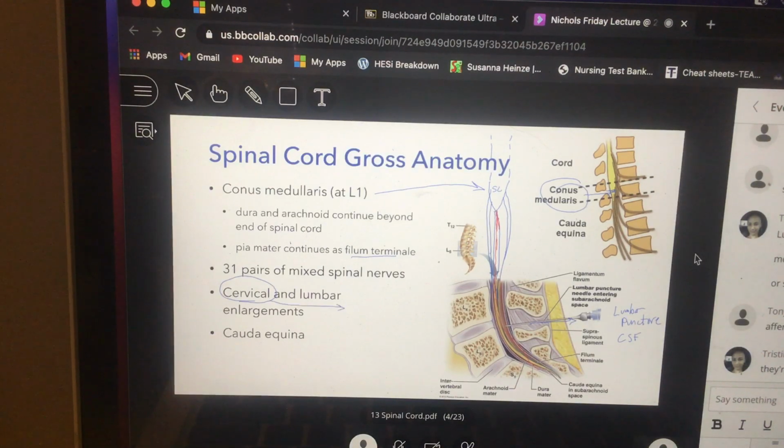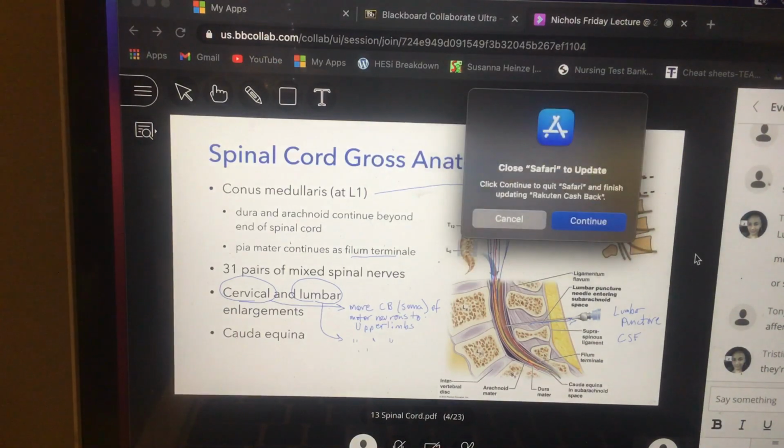The cervical enlargement has more cell bodies, we call them soma, more cell bodies of motor neurons to upper limbs. Okay? And the same is true of that lumbar enlargement. The lumbar enlargement is because it contains more cell bodies of motor neurons to the lower limbs.